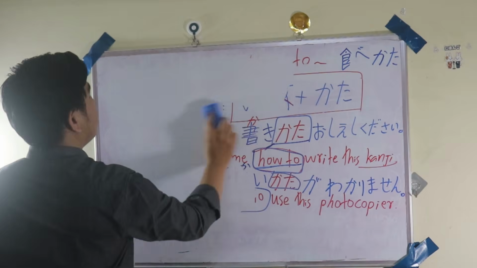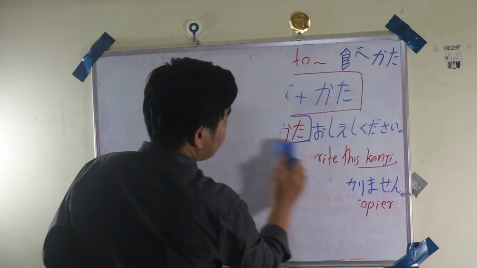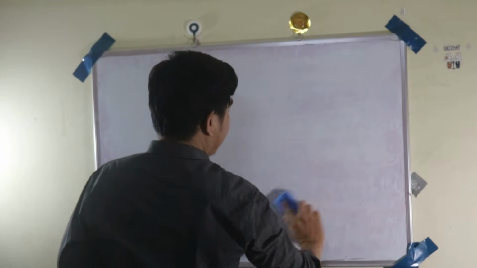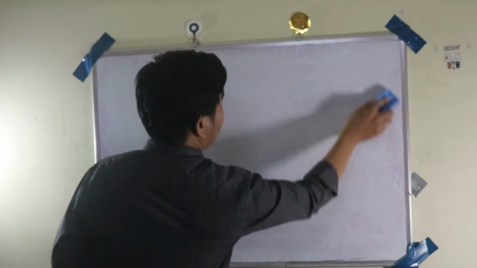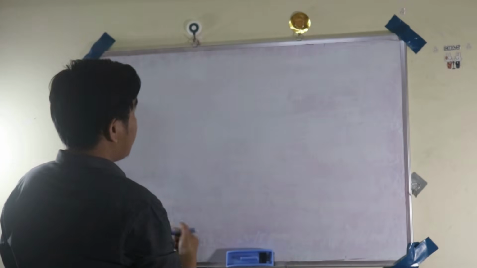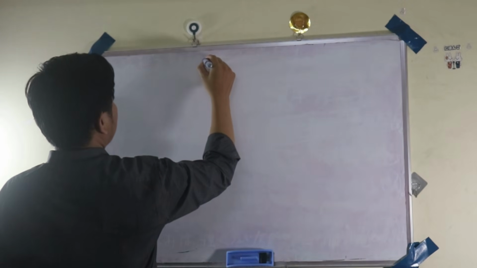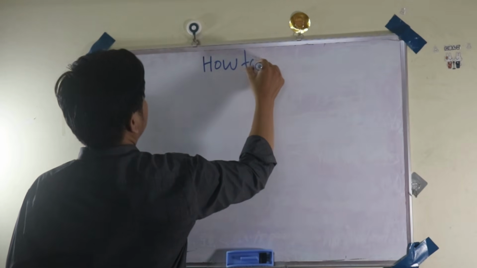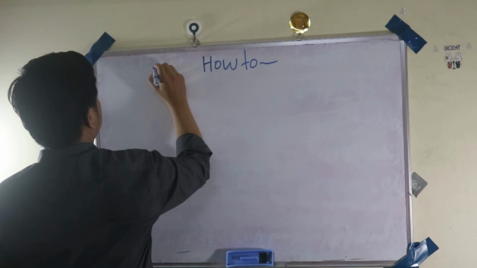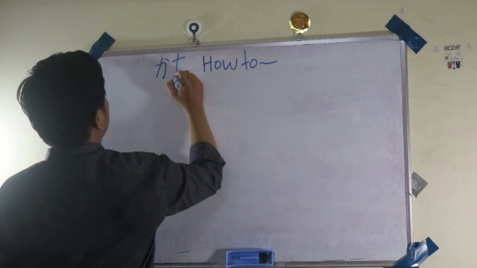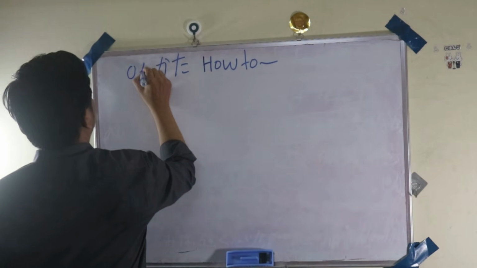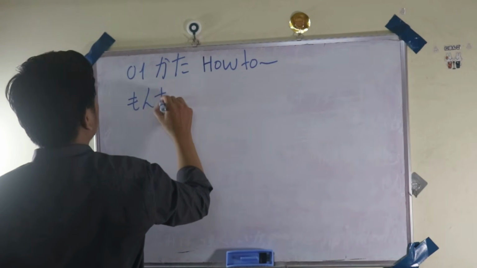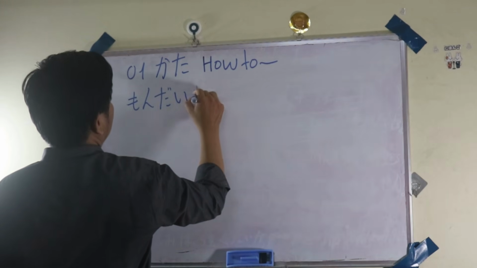So let's do something together, everyone will try it. How to, you know this word how to, かた, it means how to. 問題, you know 問題.